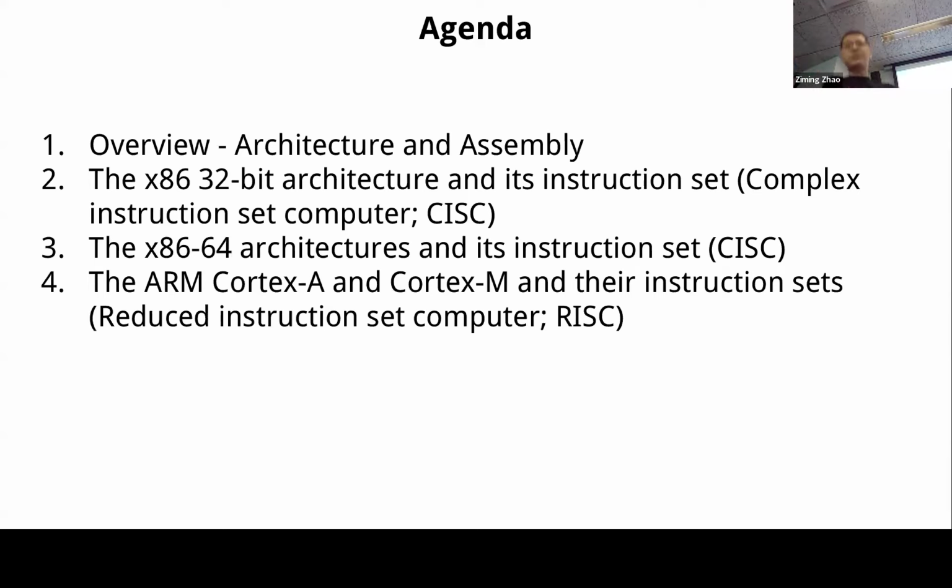We will also look at their instruction sets. Both architectures are what we call complex instruction set architecture, or CISC. Then I will also show you some examples of a different design philosophy of CPU, especially their instruction set, which is called reduced instruction set computers, or RISC.